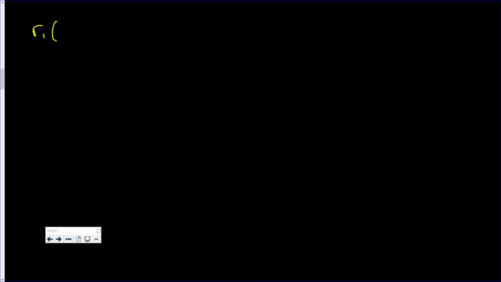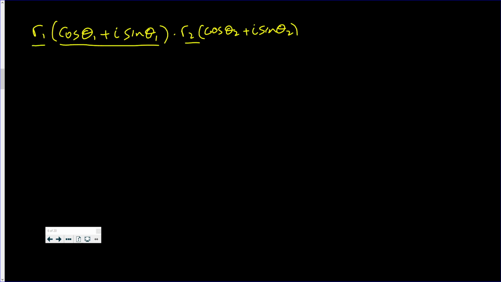That is r1 times cosine of theta 1 plus i times the sine of theta 1, times another one, r2 times cosine of theta 2 plus i times sine of theta 2. Well, we are multiplying four things. How I multiply them is up to me. I choose to multiply r1 by r2 first.